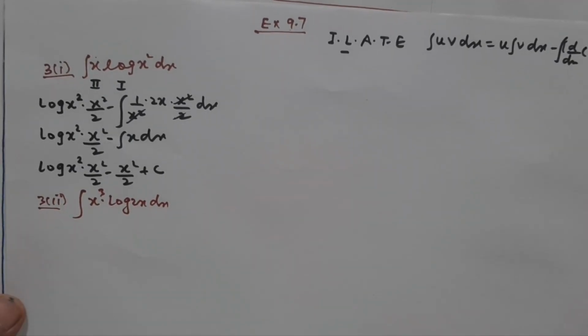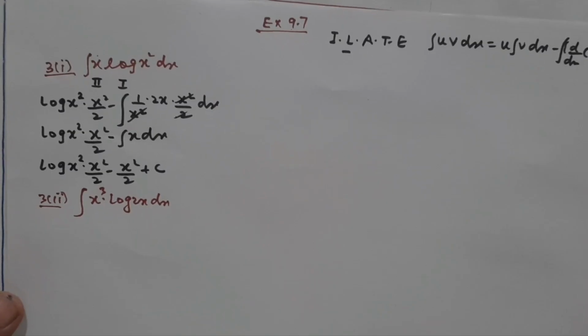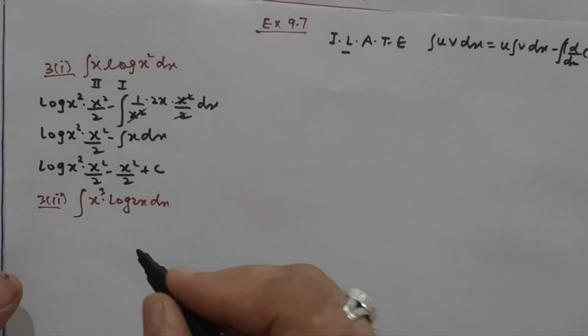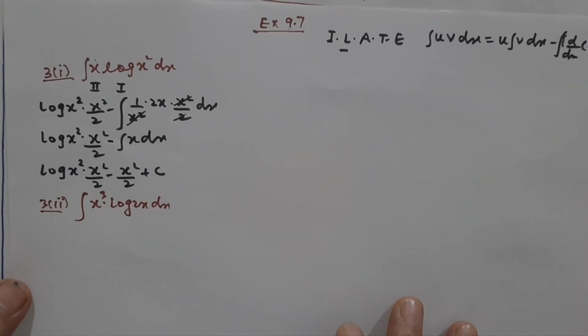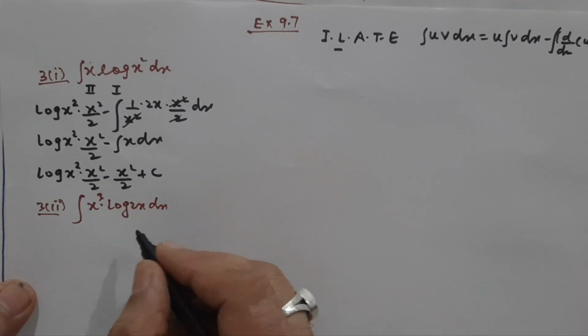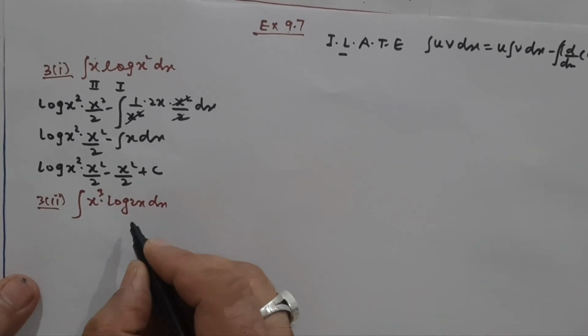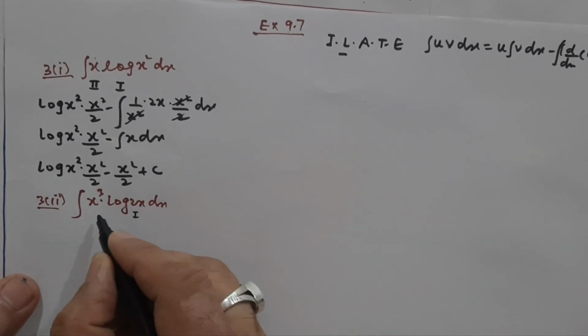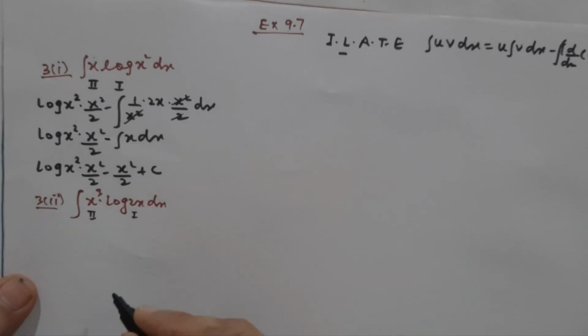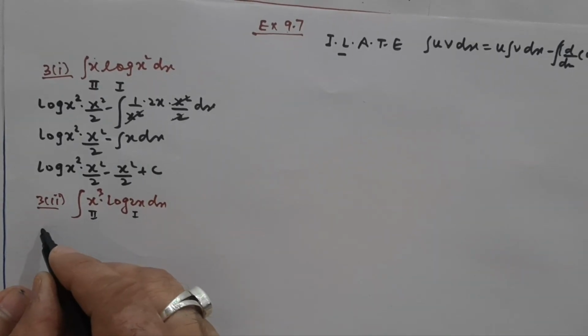Now see here, again we have two functions. One is algebraic and the other is a logarithmic function. So taking log 2x as the first function and x cube as the second function, we use the same formula.